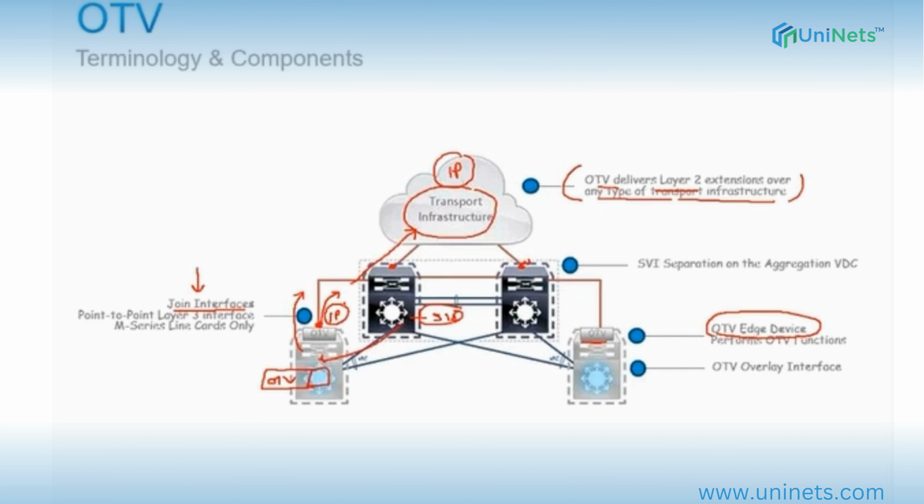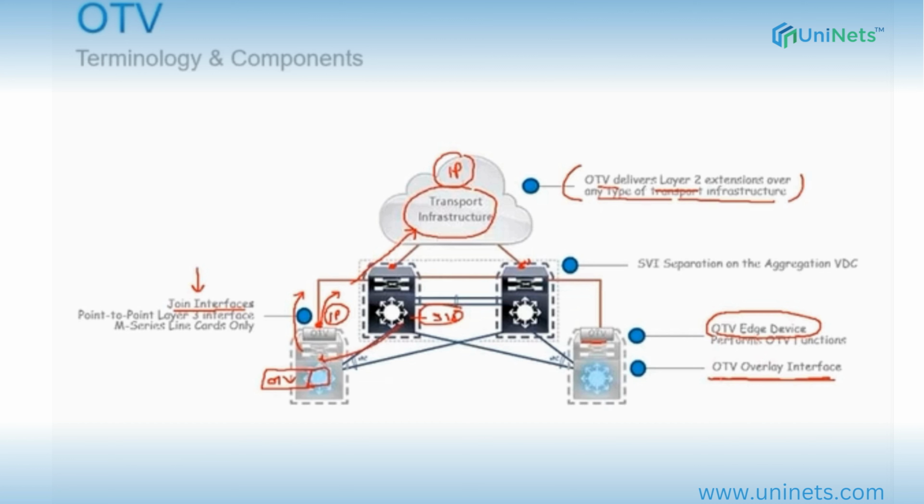As we say, we configure a layer 2 VLAN and a layer 3 VLAN, right? Layer 2 VLAN is a VLAN ID and a VLAN name. Layer 3 VLAN is an interface SVI, I mean interface VLAN 10, and we provide an IP address. The same way we configure a logical overlay interface. So what is the OTV overlay interface?